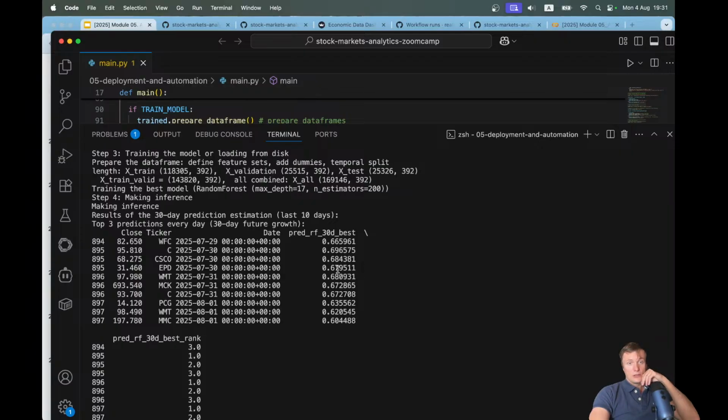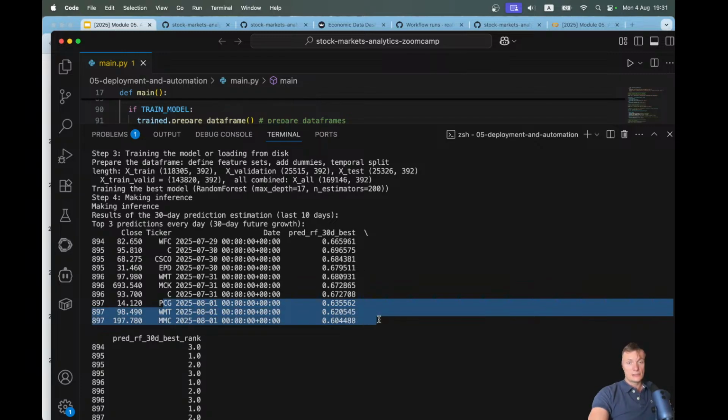So okay, it's not only for the latest trading day, but for a few days ago too. But I would normally look at the latest trading day only. That's what you see. It's PCG, Walmart, and MMC.